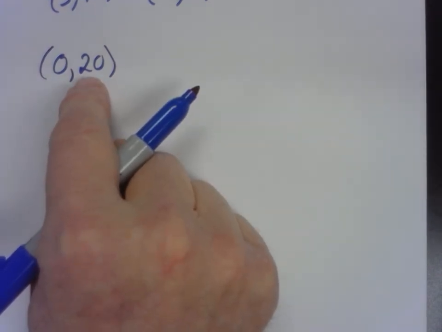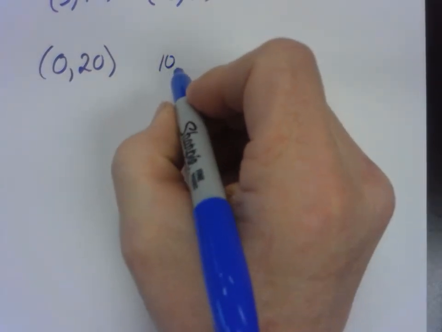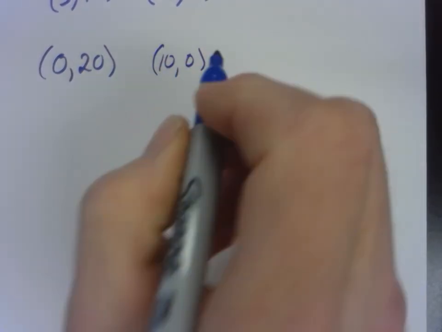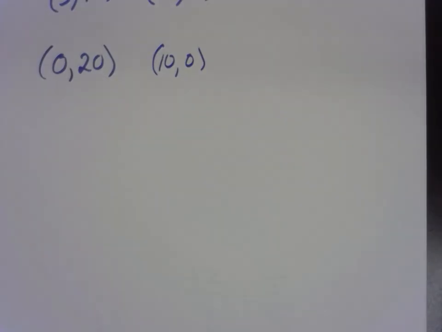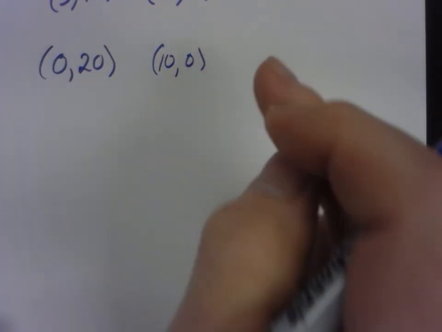Okay, now pick a point way out on the other end. 10, 0. Whoa, you mean 0, 10? No, it's 10, 0. X first. That's my bad. Well, with those two points, can we come up with a slope?